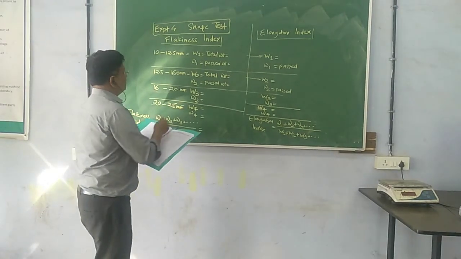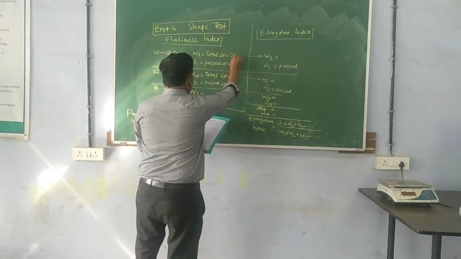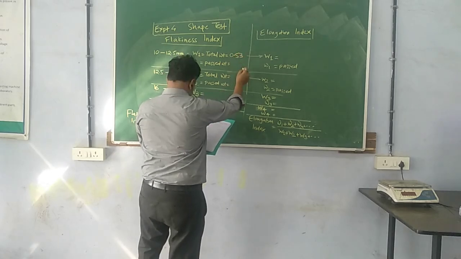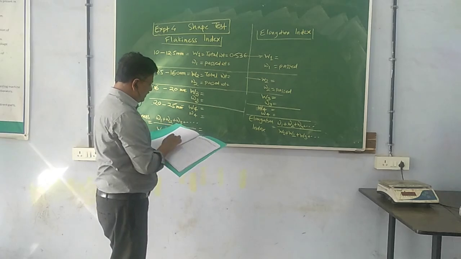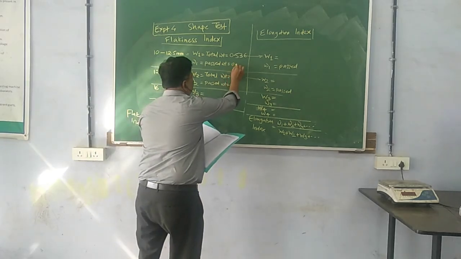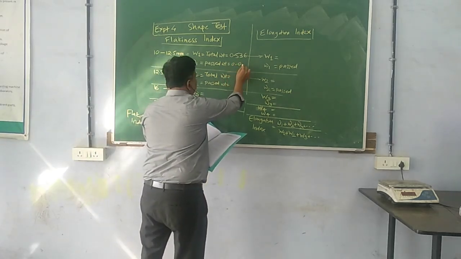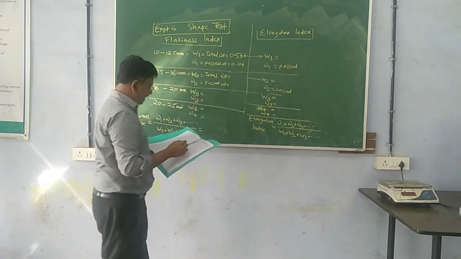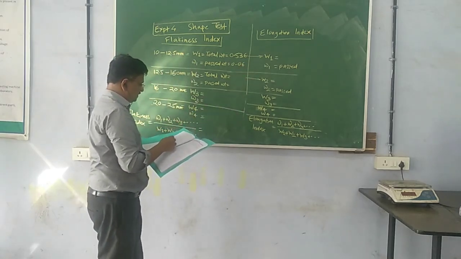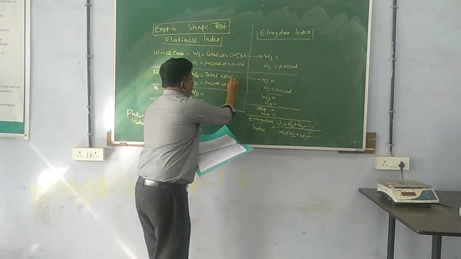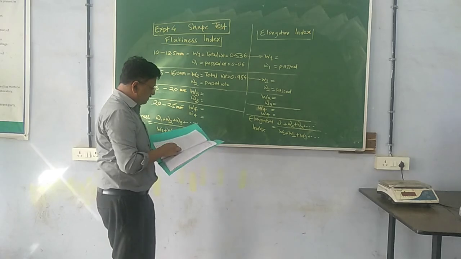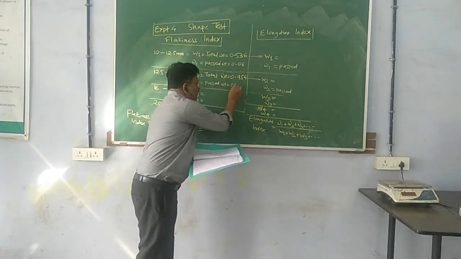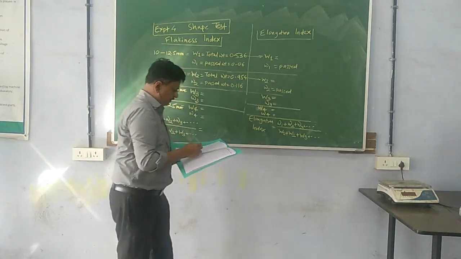Total weight of particles is 0.536 kg. Then the passed weight of particles will be merely 0.06. In the second category, the weight of particles is 0.954 total weight, and the passed weight of particles is 0.116.